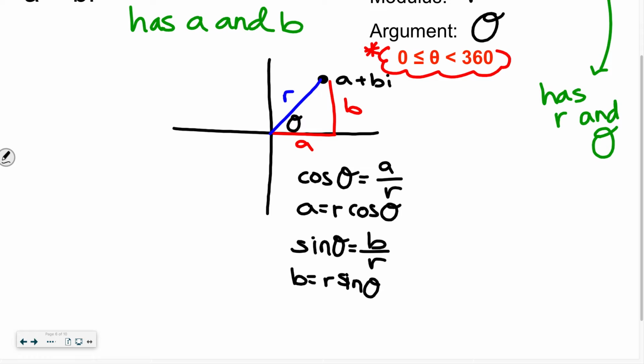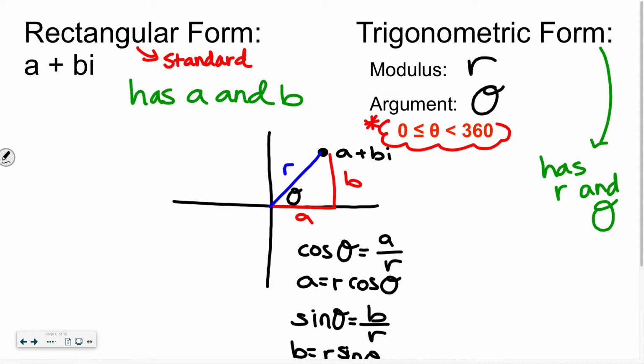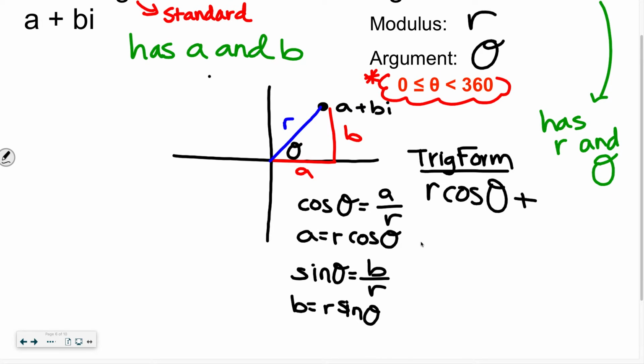Okay, now we're going to write the trig form by making a substitution for a and b. So instead of saying a, we're going to write r cosine theta. This is trig form now. Plus, and then normally I would have bi, but b is r sine theta. Now I am going to rearrange this a little bit.